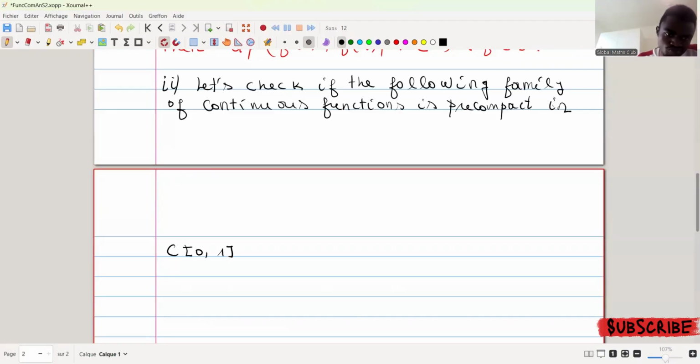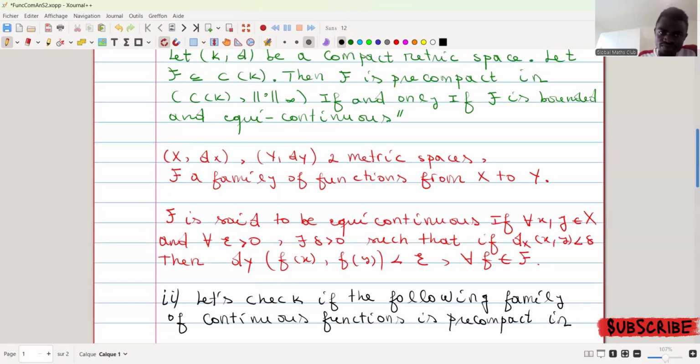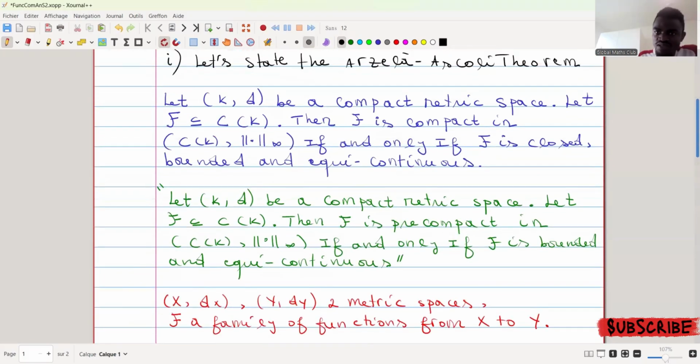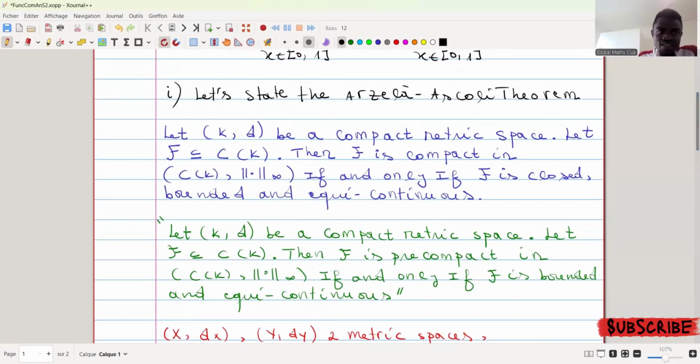According to you, what are we going to do? Or which theorem do we need to use? What is the theorem that we should use? So the first question was there to give you the idea about how to solve the second question.